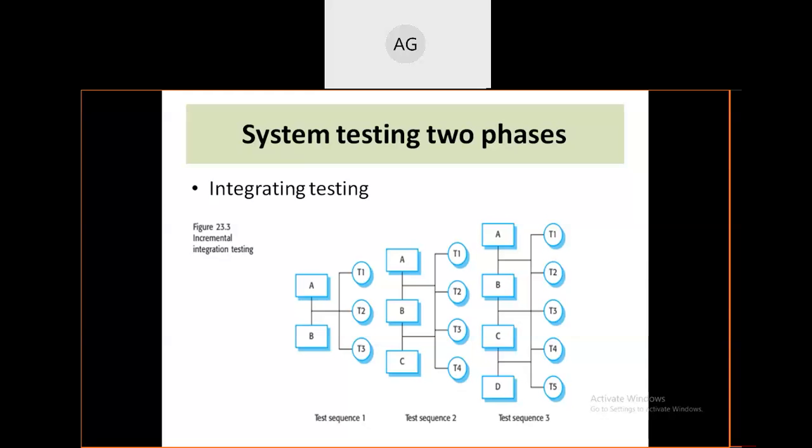One more, T5, is new. If a defect is found with T5, it will once again go through T1 to T5, find the defect, and then repair all the components A, B, C, D, as well as all the sets T1, T2, T3, T4, T5. This is the example of integration testing.